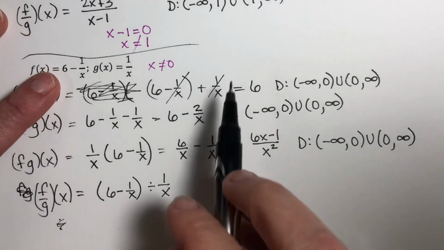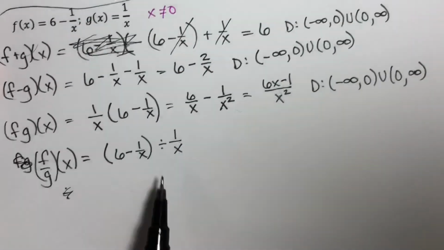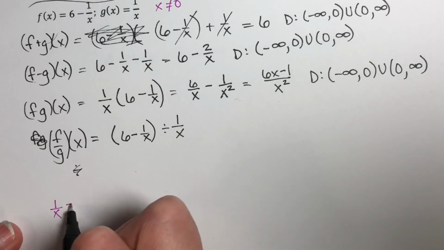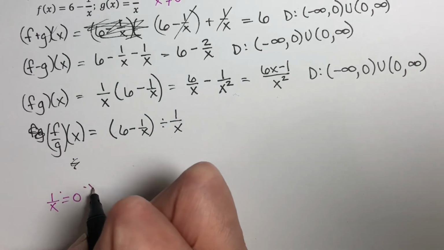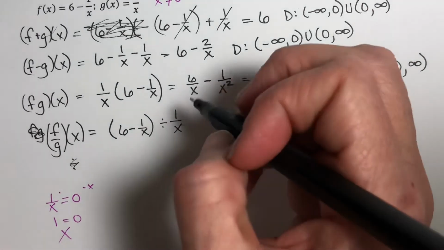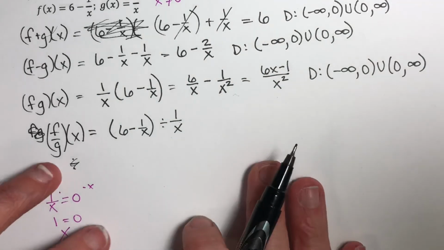Now, one of the rules that we have is that our g of x cannot equal 0. So I need to figure out right here if 1 over x, does this ever equal 0? Because if it ever equals 0, then I have a problem. Well, if I multiply both sides by x, I get 1 equals 0, which never happens. So 1 over x is never equal to 0. So that didn't add any issue.